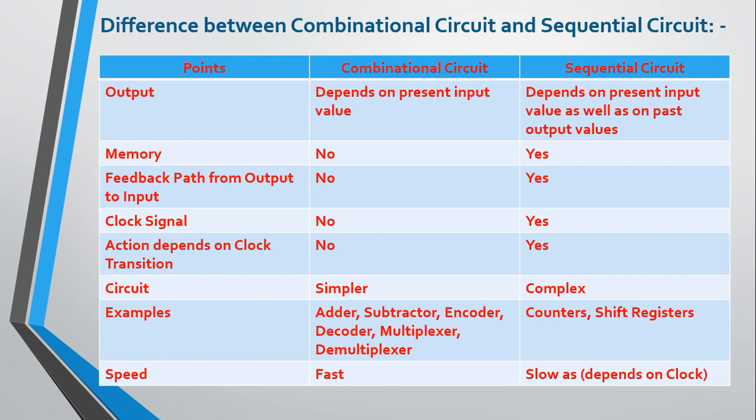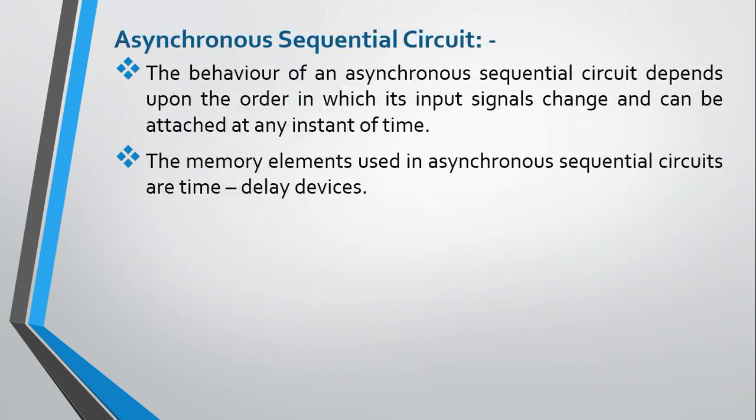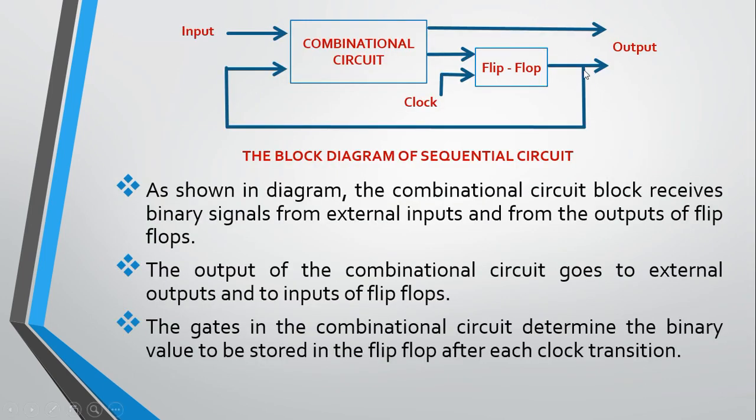The second point is regarding memory. In the combinational circuit there is no concept of flip-flop, right? So over here you can write no, whereas in the sequential circuit we have a memory used to store the output data. Now feedback path from output to input, it is the line, this one. This is called feedback path from output to input.